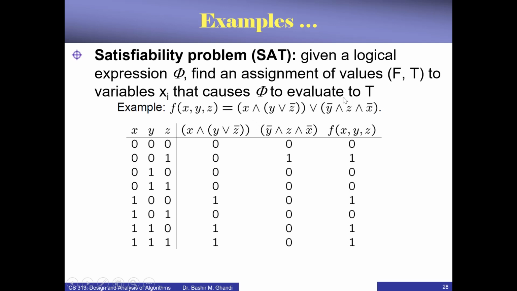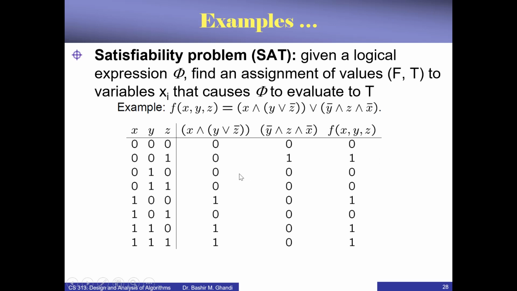The question is, are there values, zeros or ones, that we can assign to these three variables so that the result of this expression is a 1? Clearly, as shown in this table, there are. For example here, if you give 0, 0 and 1 to z, you will end up with a 1.